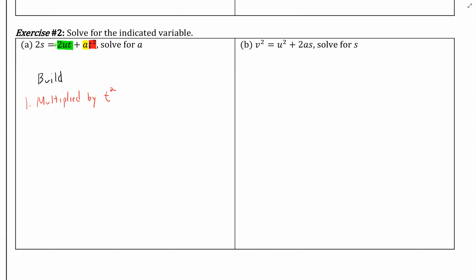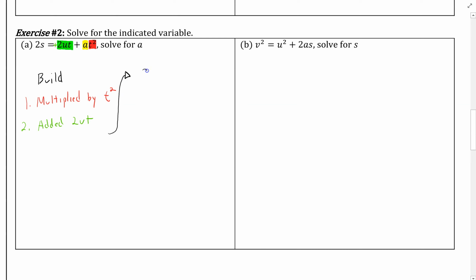And so since this is a positive 2ut, it is being added. And so that's the second step of the build order. The problem added 2ut. And that's it. There's only 2 steps in the build order, and so we are only going to need 2 steps in our unbuild order.